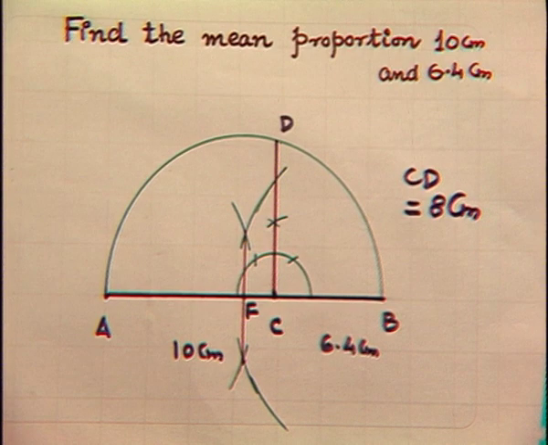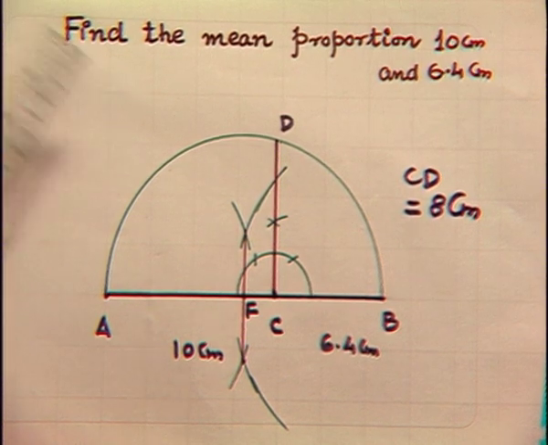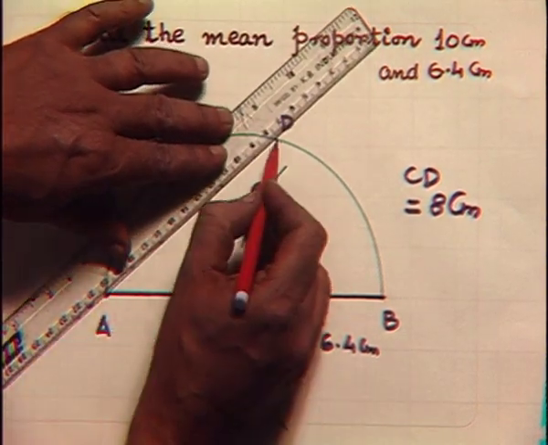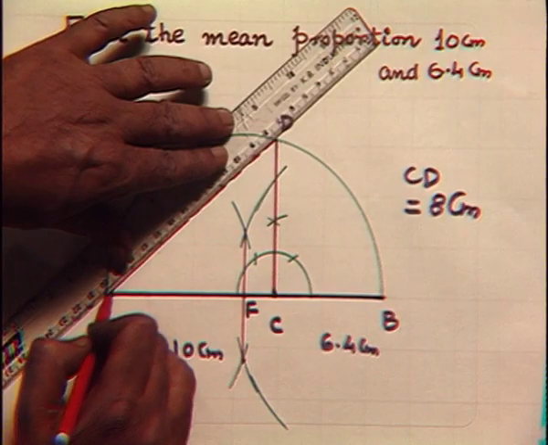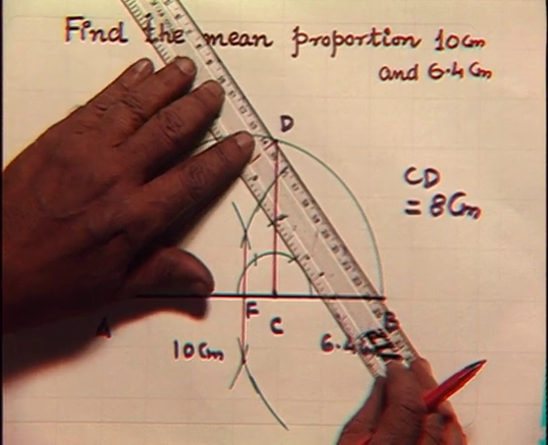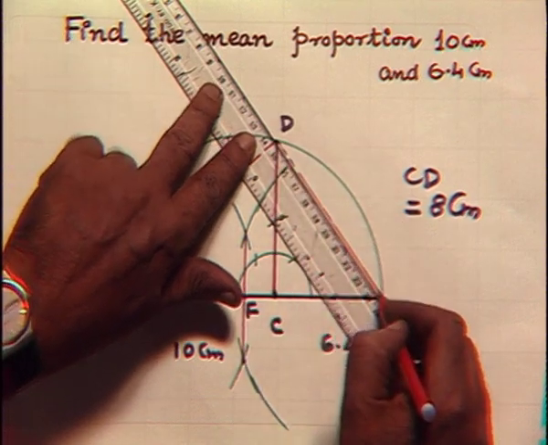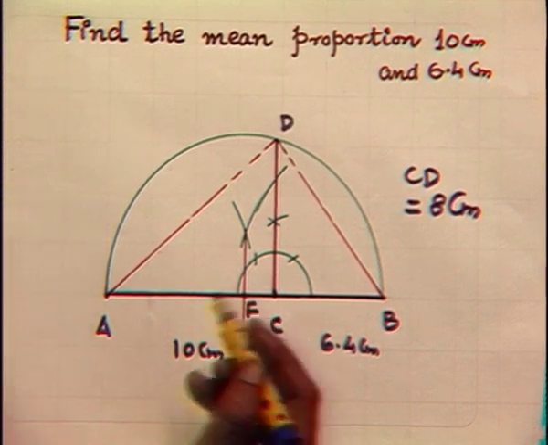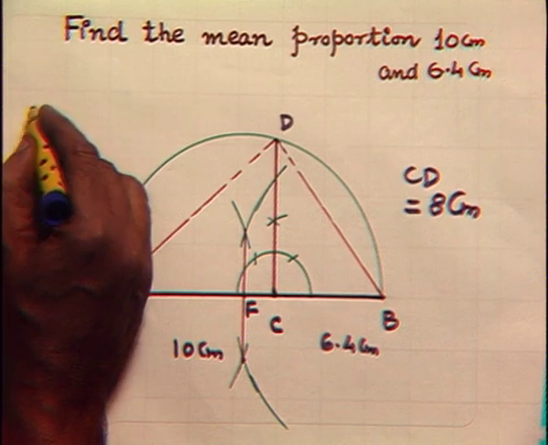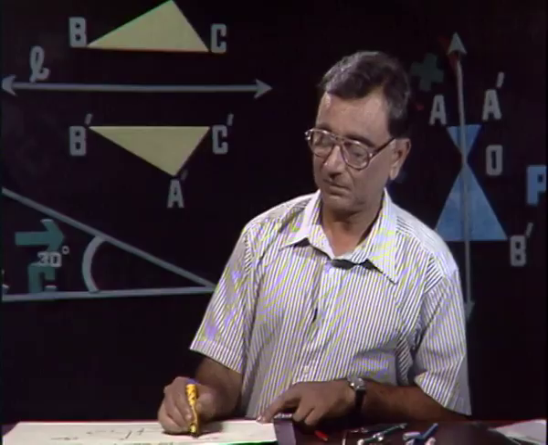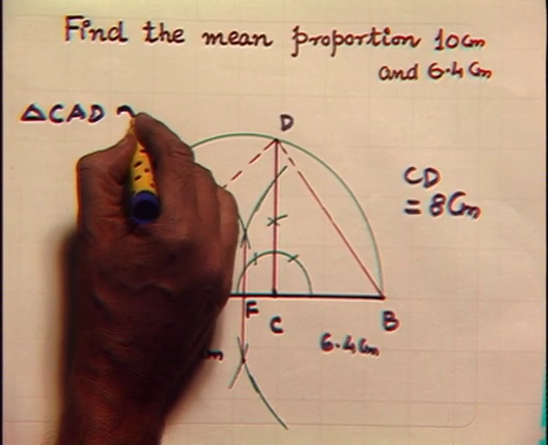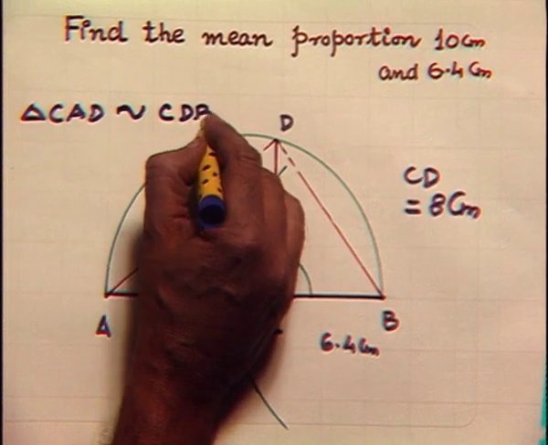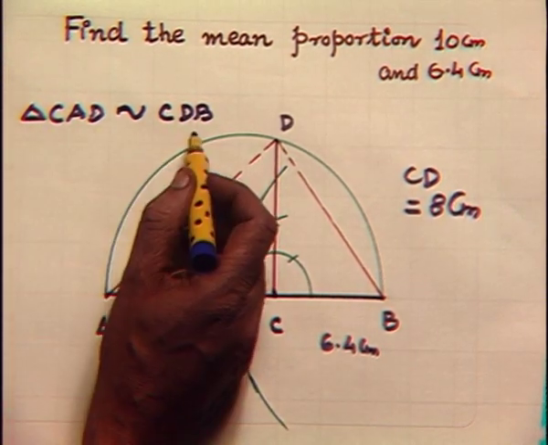Now, let us apply similarity to see if it is 8 centimeters or not. For that purpose, we will join AD and BD. Now, triangle CAD is similar to triangle CDB, because these two triangles are similar.